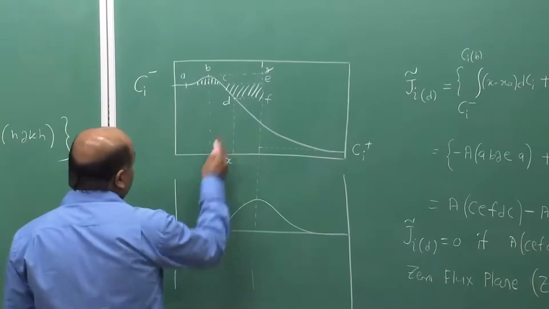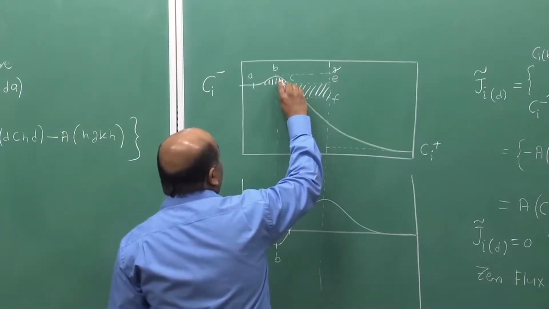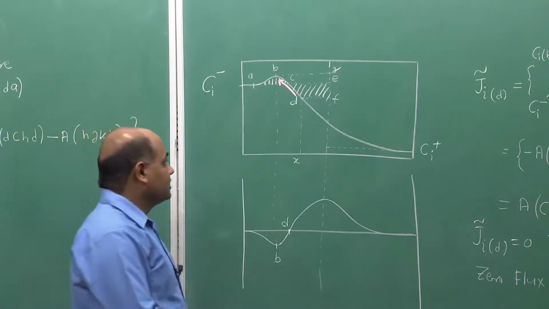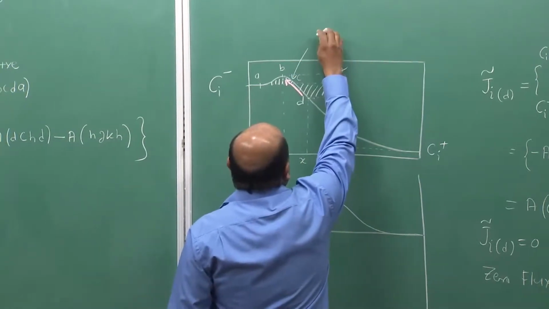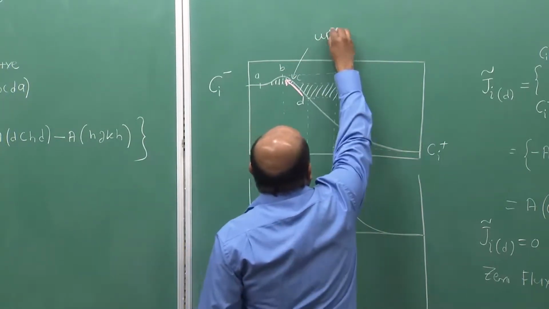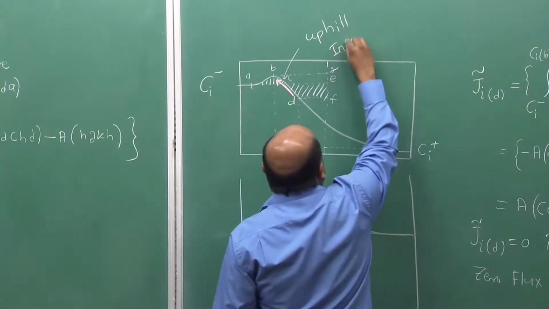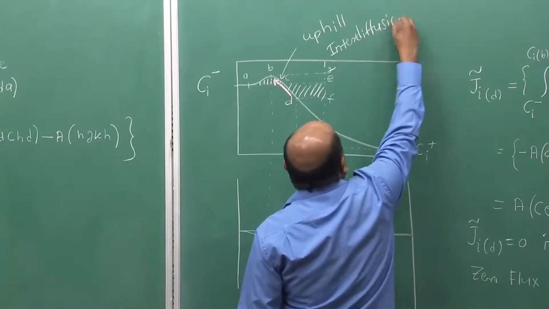So, if you see between D and B, the component is actually moving up its concentration gradient, and there is the uphill interdiffusion region developed for component I.